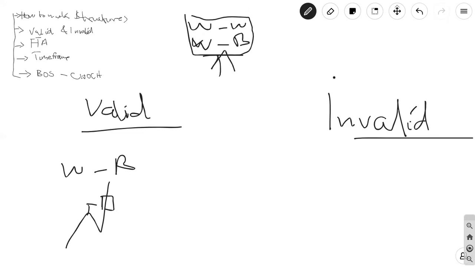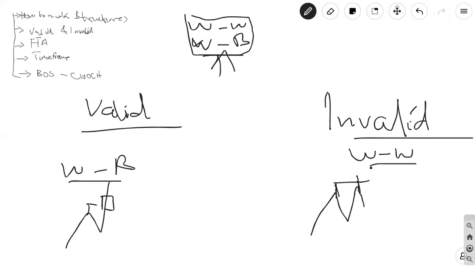Good. Now, an invalid break of structure means the structure is being broken just by using wick to wick. So this is the wick to wick breakout, meaning a structure being broken by wicks. That is not a valid break of structure. Whenever you see a wick to wick breakout, whether it is a candle to candle break or a structural break, we need to see wick to body and not wick to wick breakout.